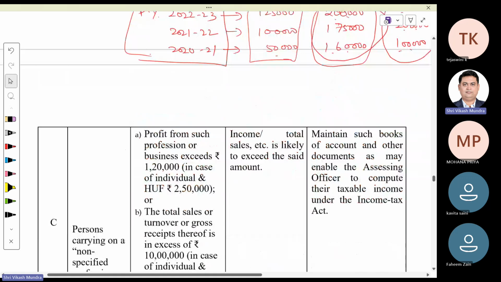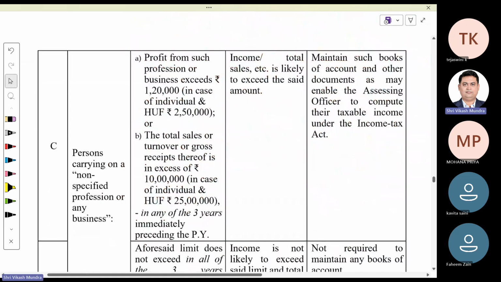Now coming to business. If I am carrying on a non-specified profession, or I am carrying on any business, then if my profit from such business or profession exceeds rupees 1 lakh 20,000, however, in case of individual HUF, this limit should be considered as 2 lakh 50,000.